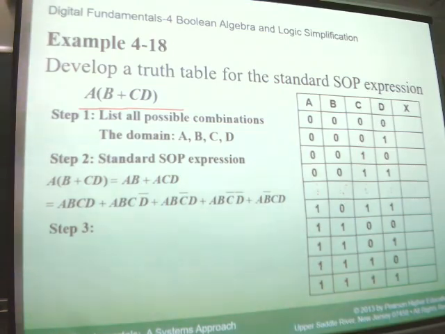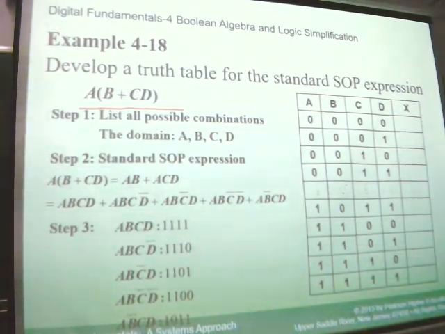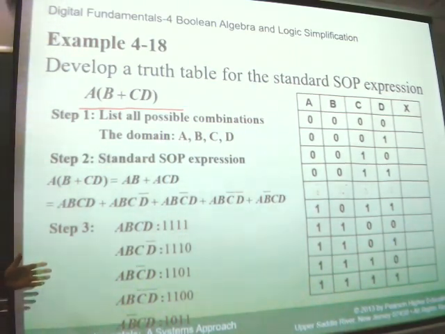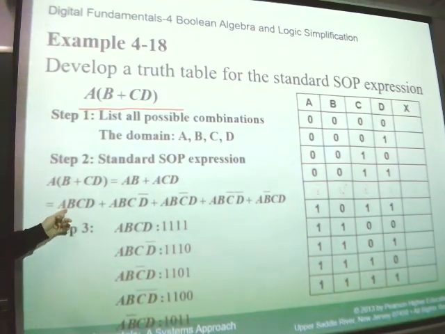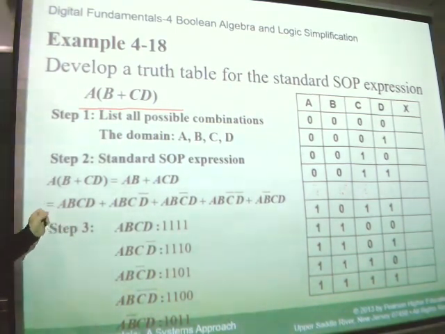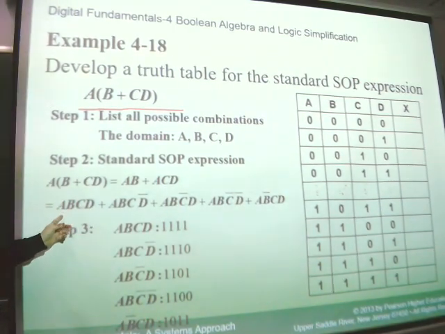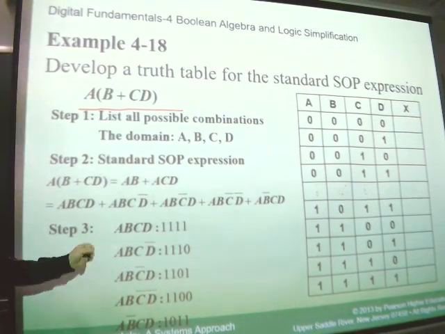Step 3: write all the binary value combinations which make the expression equal to 1. So if A, B, C, D equals 1, then 1, 1, 1, 1.